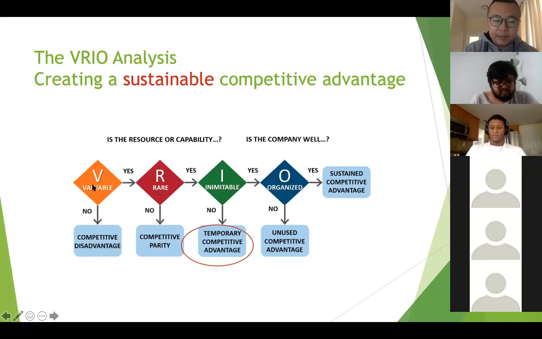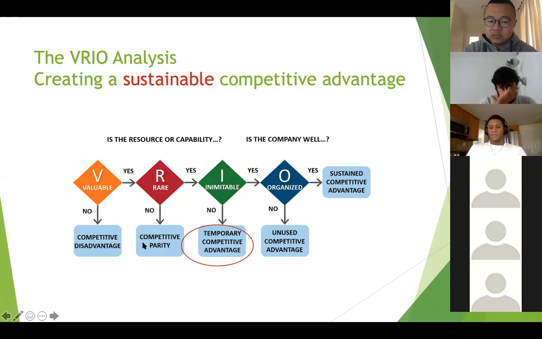At the very beginning, if the resource of your company is not a competitive advantage, you can say it's a competitive disadvantage or competitive failure here. If the company has valuable resources, it has to be rare.